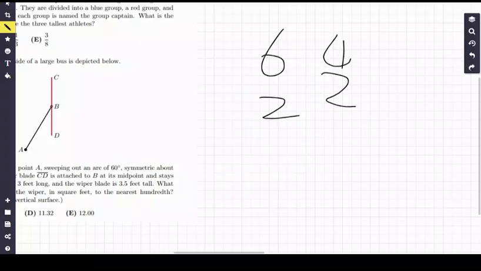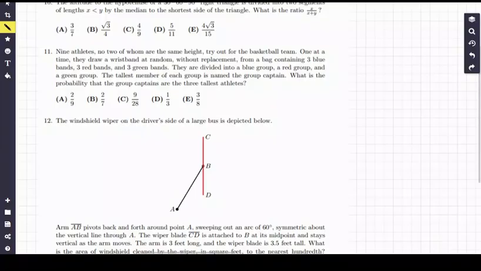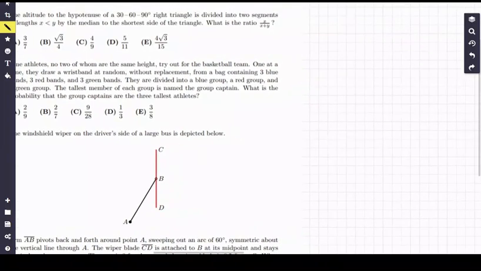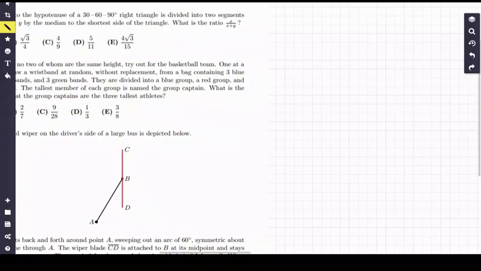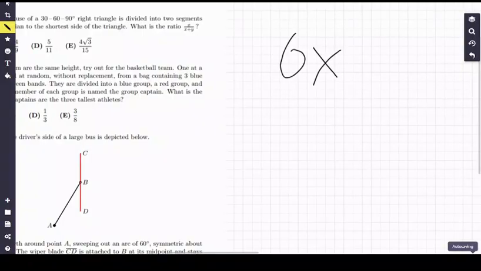Thus, we can conclude the number of favorable outcomes, where the tallest athletes in each group are the tallest athletes out of everyone, would be 6, the number of ways to assign colors to the 3 tallest, times 90, the ways to assign the rest of the people.